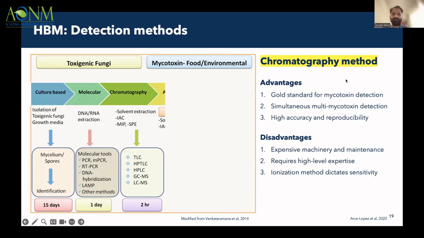This could be either mass spec or any other readout. The positive aspect of this is that you can get multiple mycotoxin detection. But the negative part is that chromatography machines are not readily available, and it takes really highly trained personnel to actually perform these tests.